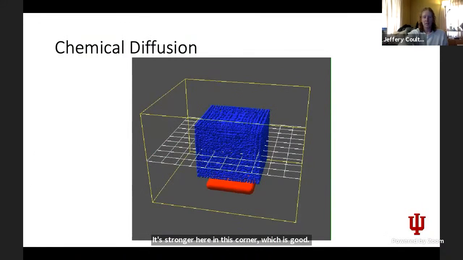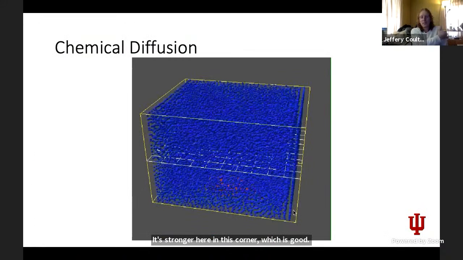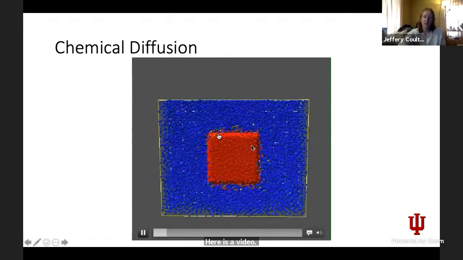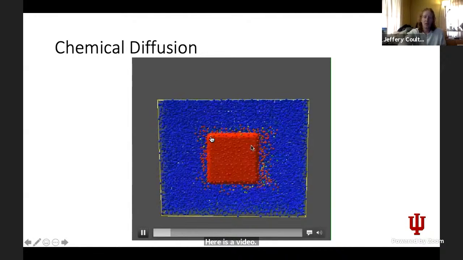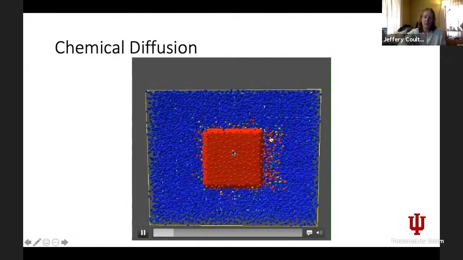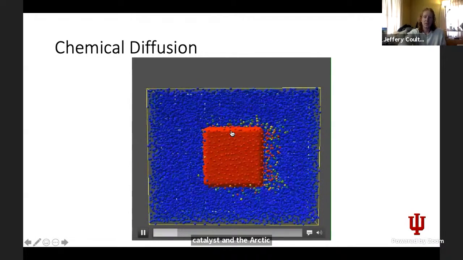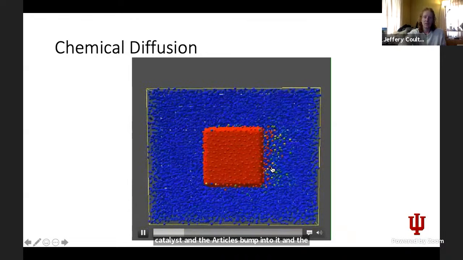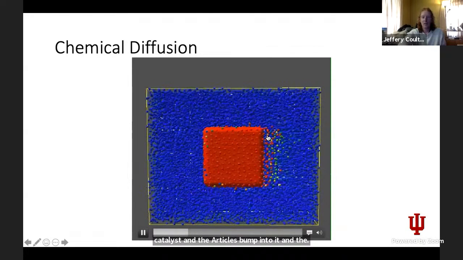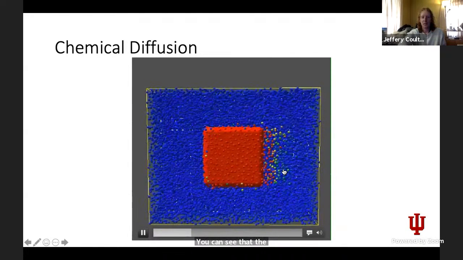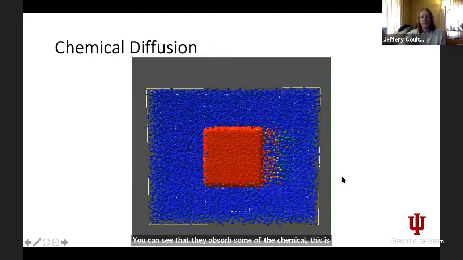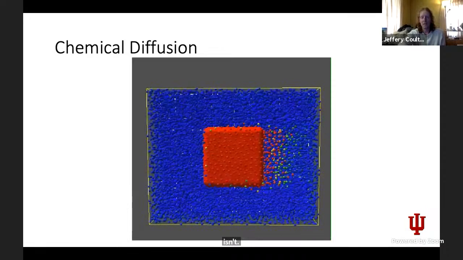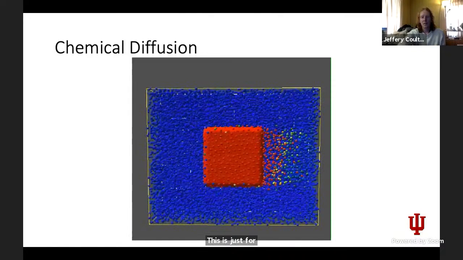Here is a video of chemical diffusion. This is a little block like a catalyst, and the particles bump into it, and you can see that they absorb some of the chemical. This is just a first kind of starting to look into this.